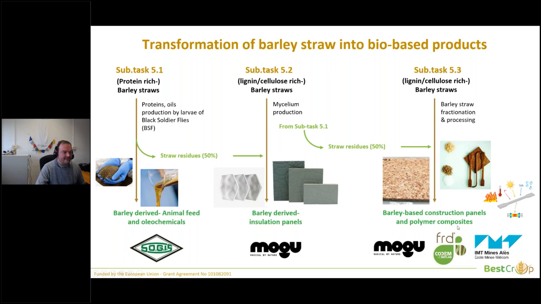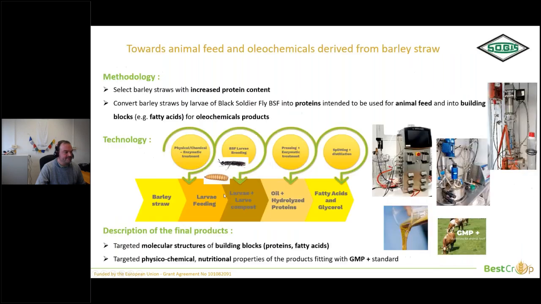Just to give you some details about the strategy, we can use barley straw, after identifying the specific lines with an increased protein content, as feed for our black soldier fly larvae.